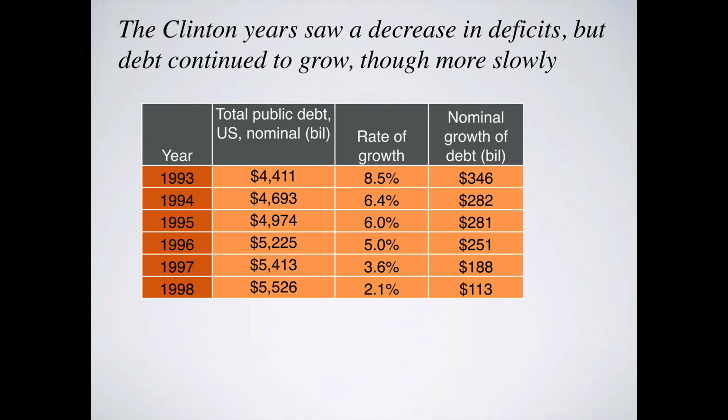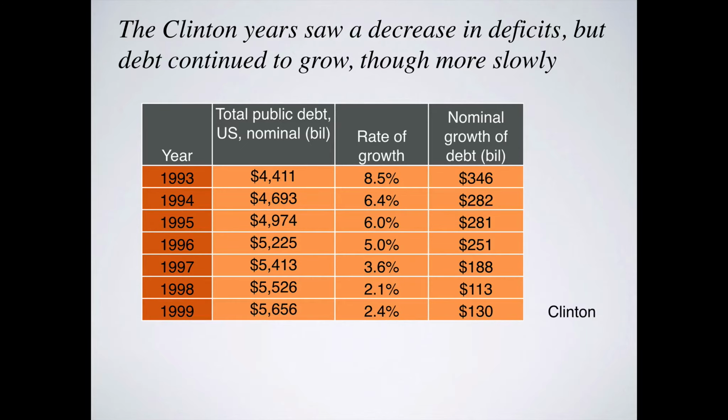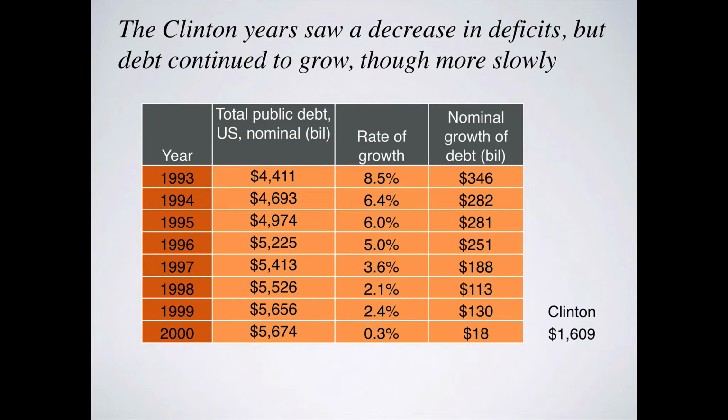However, by the end of the Clinton administration, we've gotten to a point right down here where the debt is growing much more slowly. This is the lowest amount that the debt has ever grown during this series, by $18 billion in the year 2000, the last year of the Clinton administration.